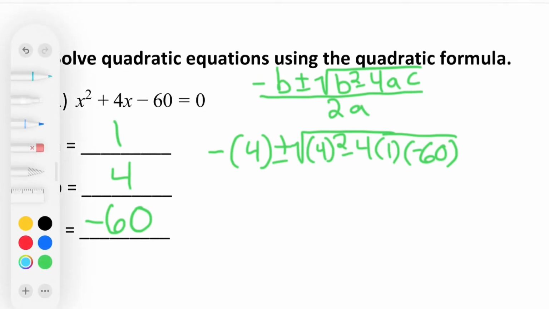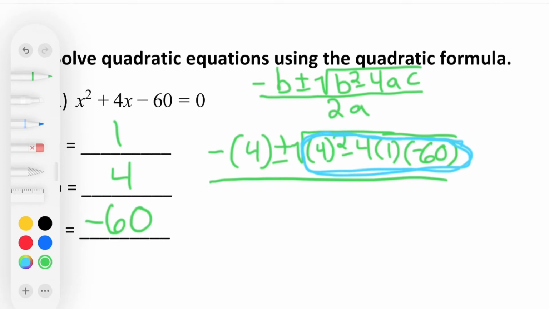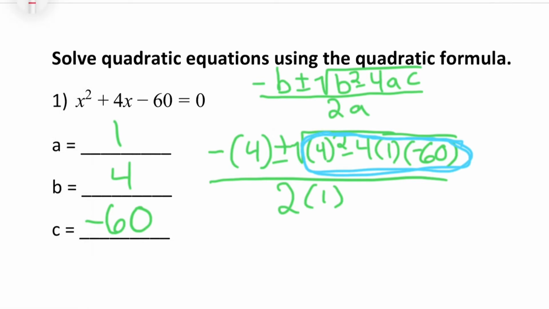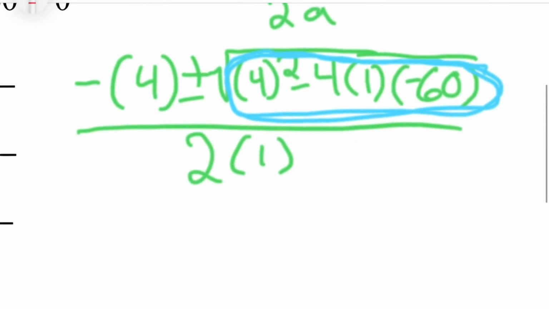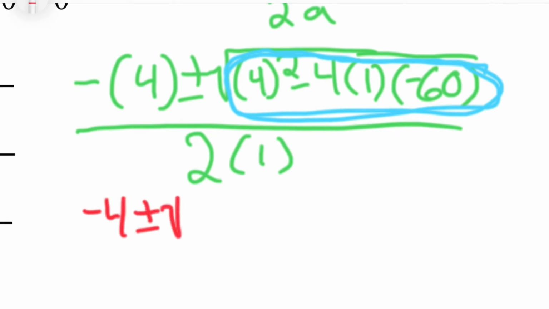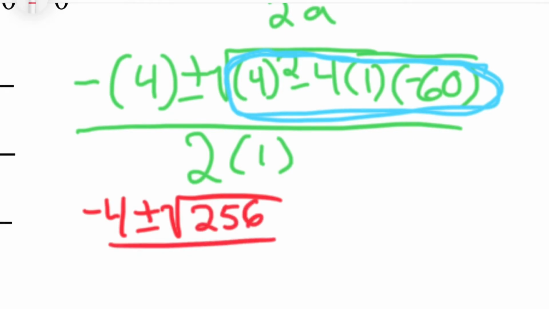So I am only going to put in the calculator what is underneath the radical. I am not putting this whole thing in the calculator. And we do have 2 times 1. So once I put that in the calculator, what is underneath the radical, and simplify on the outside of the radical, I have negative 4 plus or minus the square root of 256 all over 2.